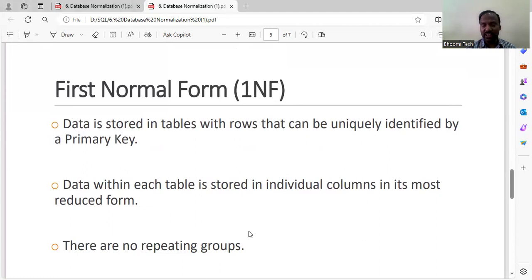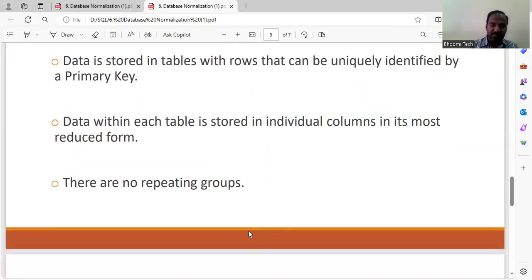So the first normal form rules are: data is stored in tables with rows that can be uniquely identified with a primary key. The table should contain a primary key, so we have to specify a primary key when creating our table. And the data within each table is stored in individual columns in its most reduced form. So the data should not have duplicates and blank values, and there are no repeated groups in the data.